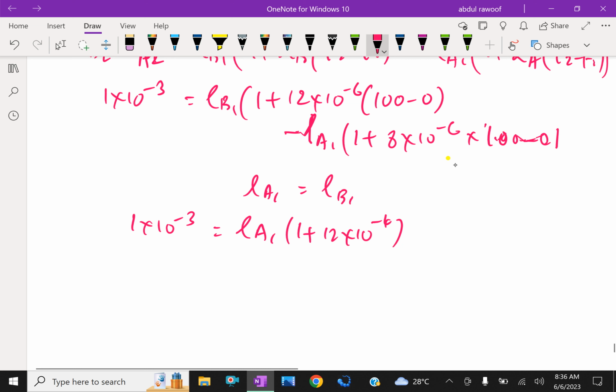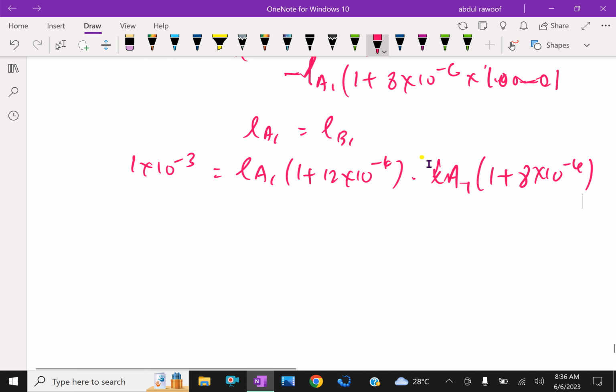The same way, minus LA1 times 1 plus 8 into 10 power minus 4, because 8 into 10 power minus 6 times 100 is 8 into 10 power minus 4.